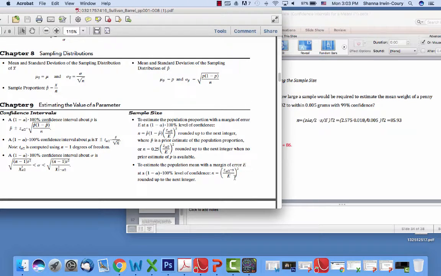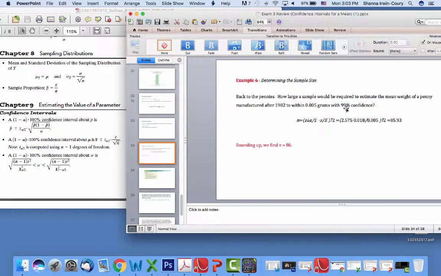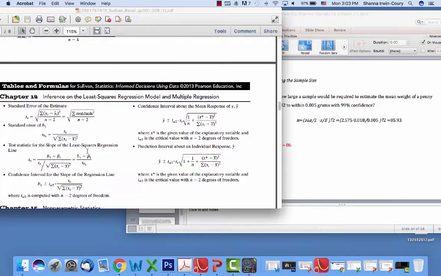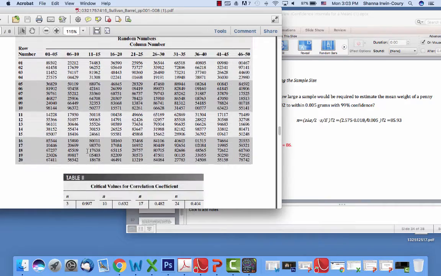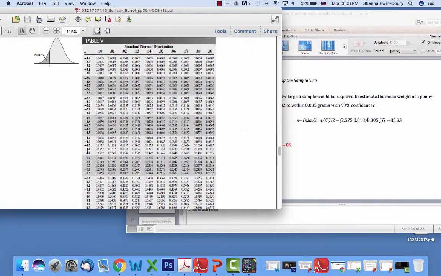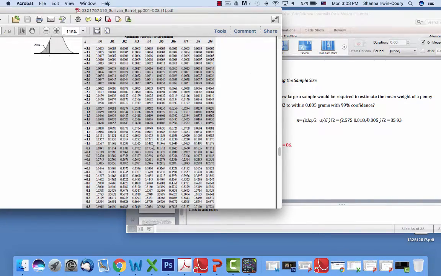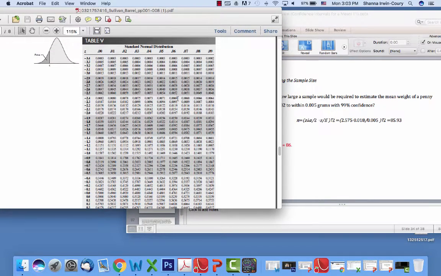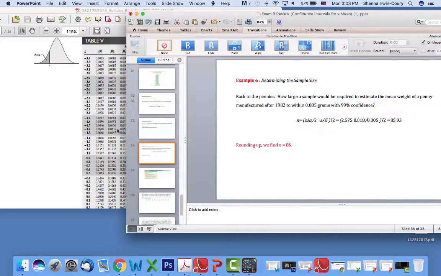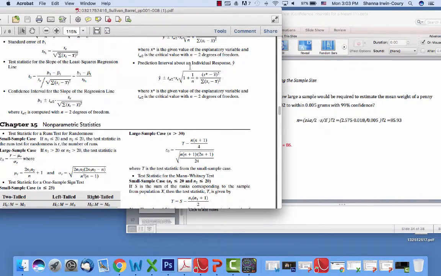So we take z for alpha over 2, 99% confidence, 0.005, and that was the 2.575. Okay, so back up here.